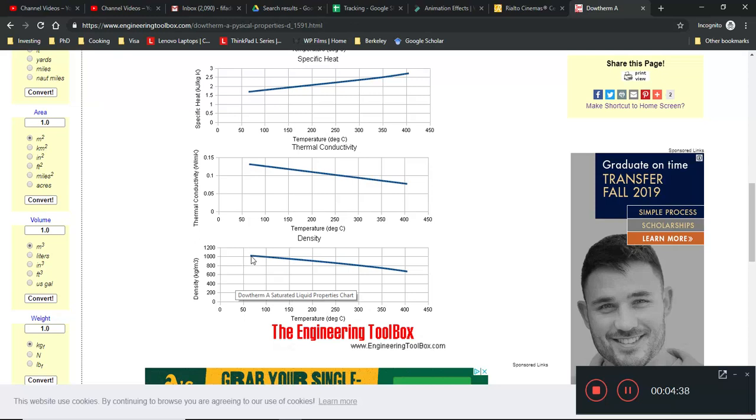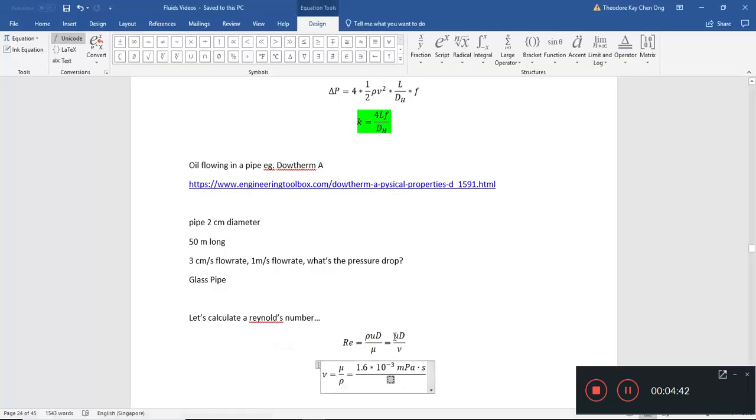Density, we'll just give it 1080. Can you see? 1080. That's just an estimate. Of course, if you have 30 degrees C data, that would be awesome. It's not the fully 100% accurate way, but it's just to give us an idea of how much pressure drop we typically can expect.